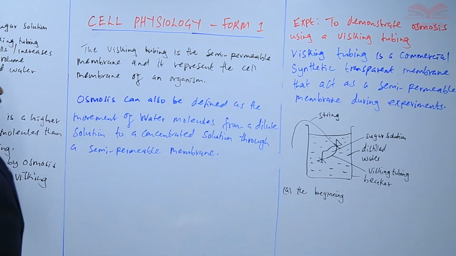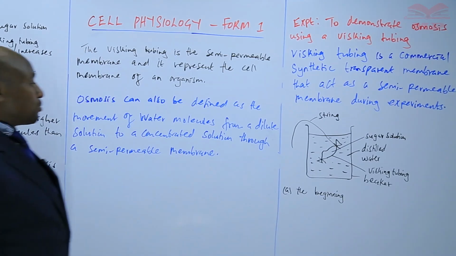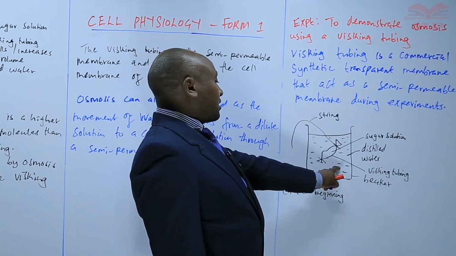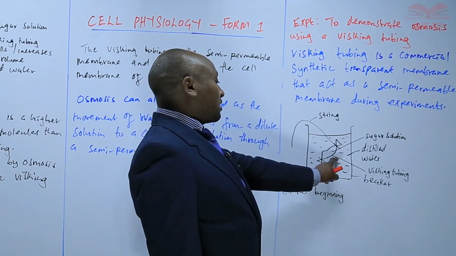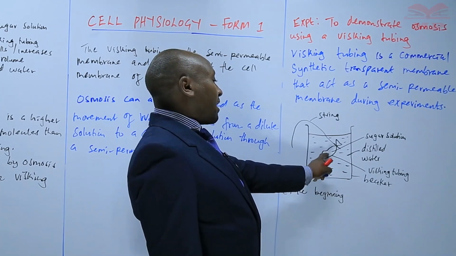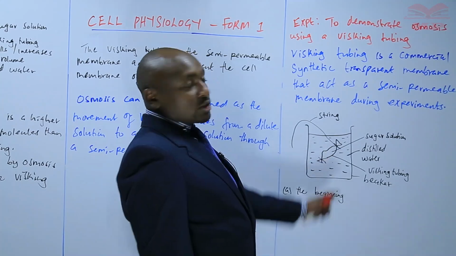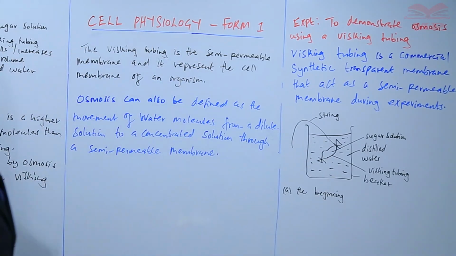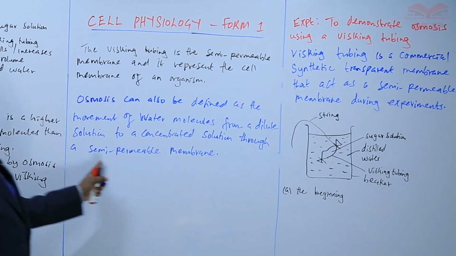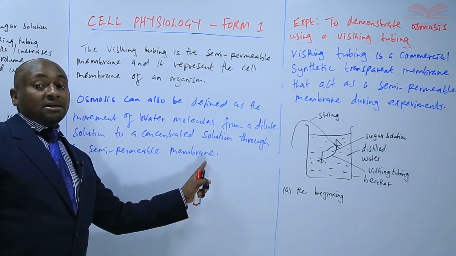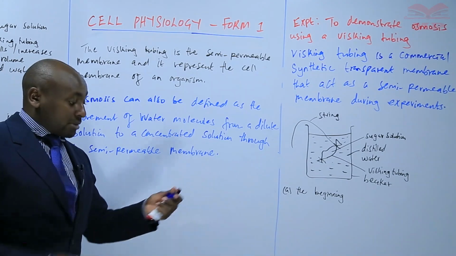So basically, we have seen that the water molecules moved from the distilled water, this one is the dilute, to where the solution is concentrated. So that's another definition that we can use to define osmosis, but we have to always remember that it takes place through the semi-permeable membrane.